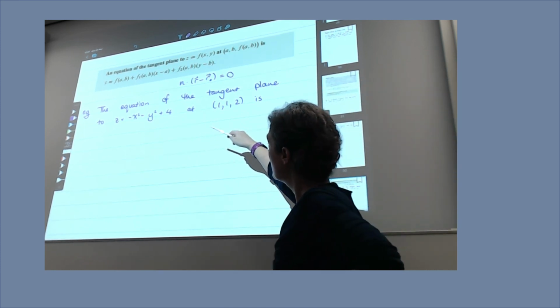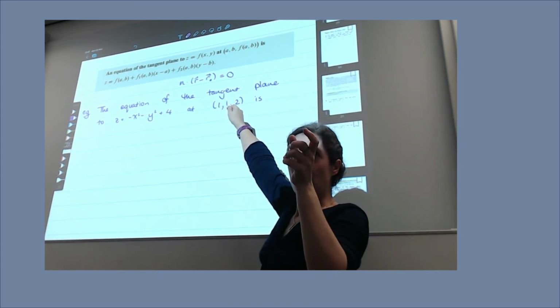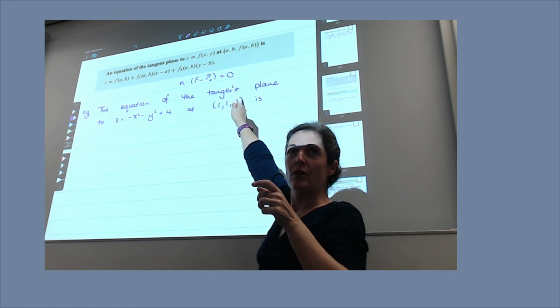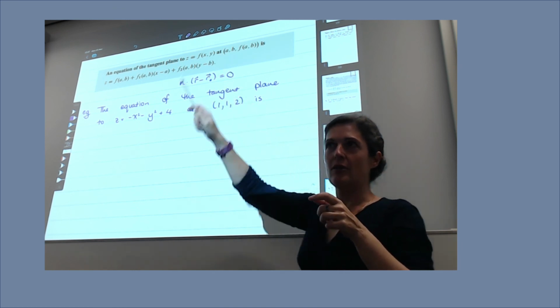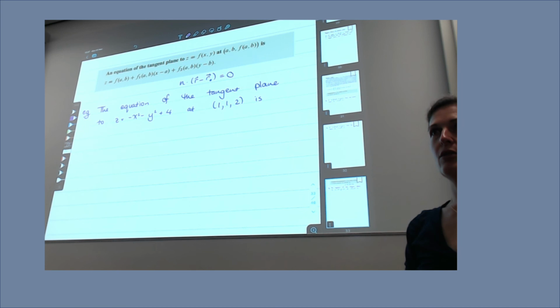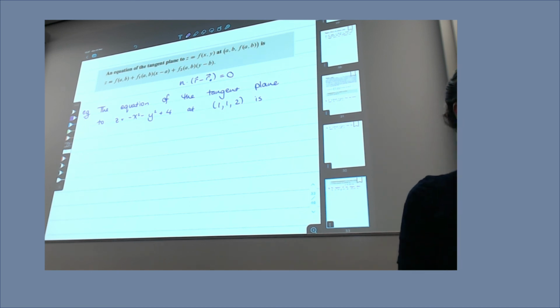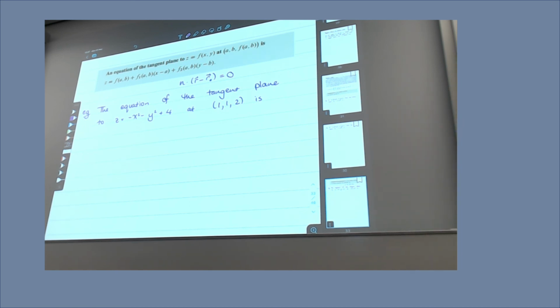We said the normal dotted with any vector on the plane has to be equal to 0. We've applied that over here. And we're good to go. Okay. Questions so far?